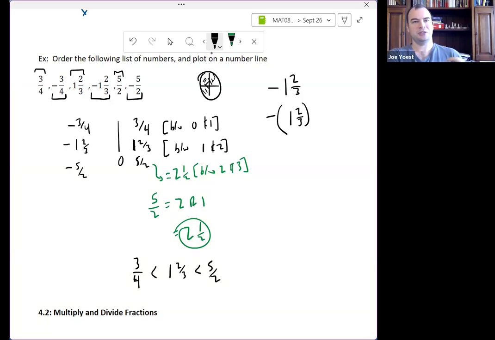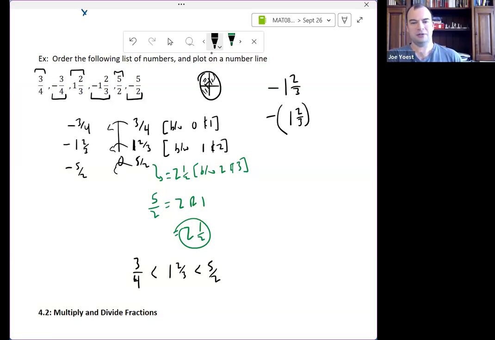On the other side, since these are negatives, note that these are just the opposites of the ones we've just been working with. The order is reversed, right? The same way that if I have $10 in my pocket, I have more money than if I have $5 in my pocket. My net worth is greater with the $10 in my pocket than with the 5. But if I owe somebody $10, I have less money than if I only owe them 5.